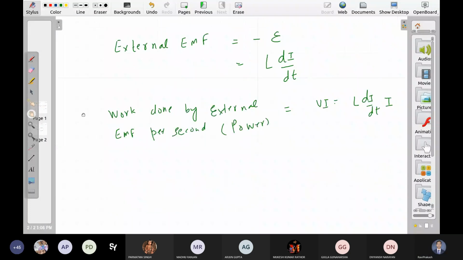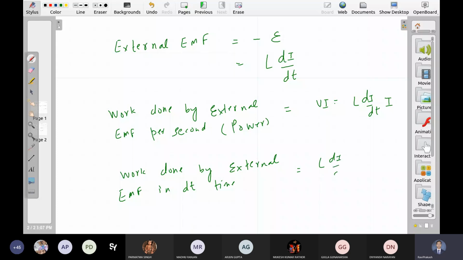Or how much work did this EMF do in dt time? If this is the rate of work, L di by dt in 1 second, into dt, right? Or L I di. So when the current increases from I to I plus di, this much work has to be done by the external battery.